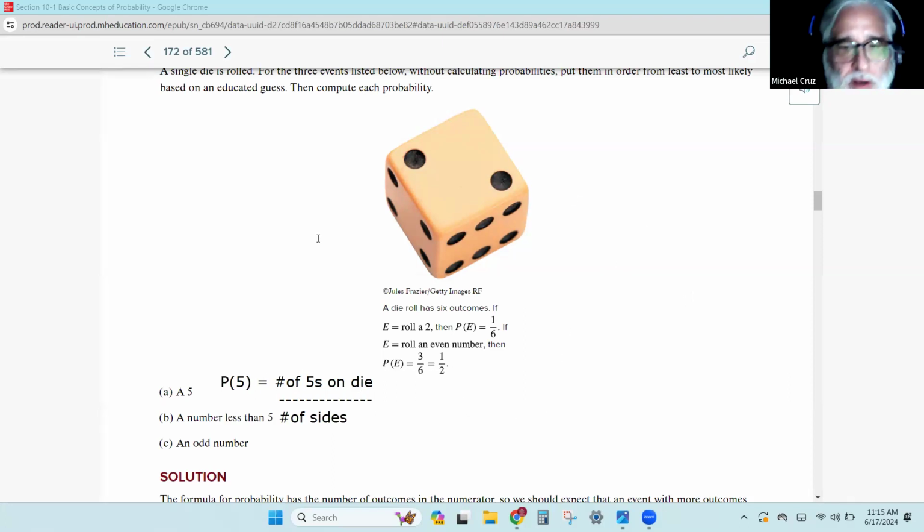So how many sides are there on a die? 6. Yeah, there's 6 sides on a die. So how many 5s are there on the die? 1. Yeah, there's one of each: 1, 2, 3, 4, 5. So the probability of a 5 is 1/6.